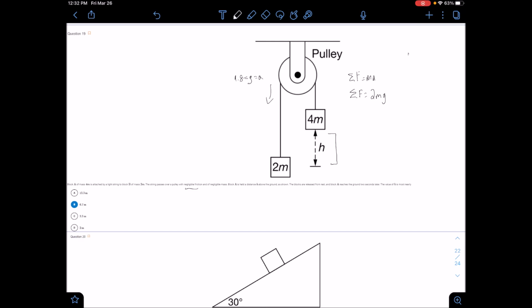And we know that the mass of the system as a whole is 6m since we're not including the rope. So using Newton's second law, we can set 2mg equal to 6ma, where 6m is the total mass.